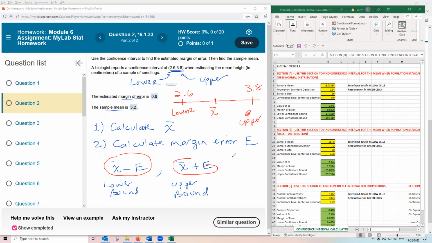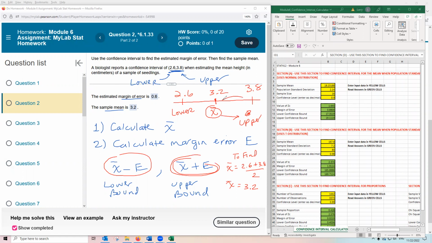So to find the sample mean, all we have to do is take the midpoint. To find X bar, we're going to take the lower bound 2.6 plus the upper bound 3.8 and divide by 2 because that's the way you find the midpoint. And if you work this out, this will work out to be 3.2. So that's the sample mean, 3.2. Well, if you think about it, to go from X bar to the upper bound, we added E, the margin of error.